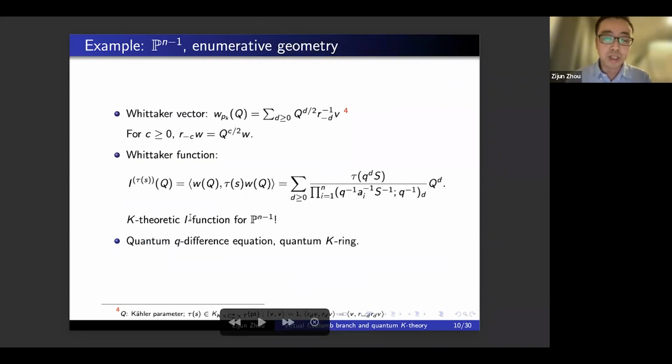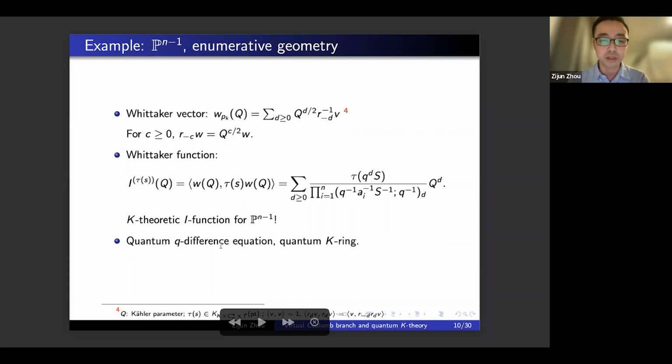And as expected, we can obtain the Whittaker vector and Whittaker function from this Verma module. And from this explicit formula, you can see that this Whittaker function is exactly the K-theoretic I function for P^{n-1}, which is what we expected.